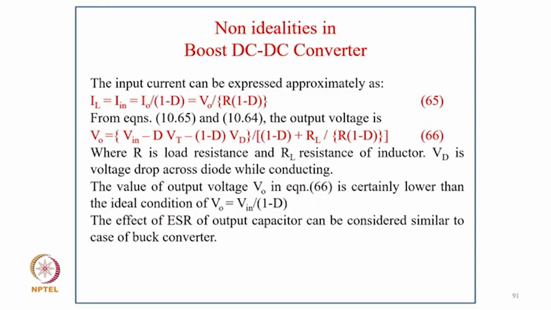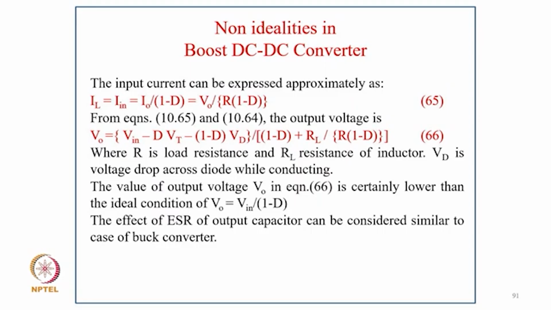From these equations, the output voltage equals V in minus D VT minus (1 minus D) VD, divided by (1 minus D) plus RL divided by R (1 minus D). So here you can see that, unlike the ideal condition, the output voltage depends not only on duty cycle and input voltage, but also on the transistor drop, diode drop, inductor resistance, and of course the load resistance.